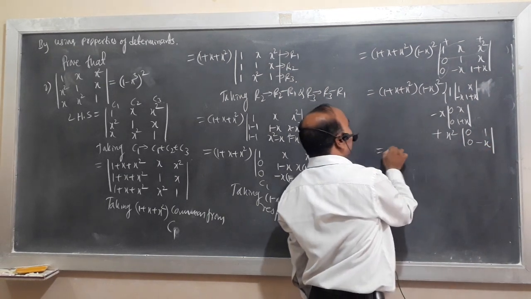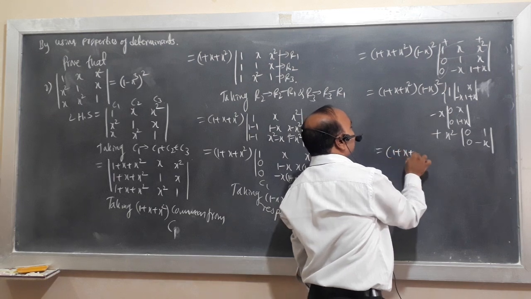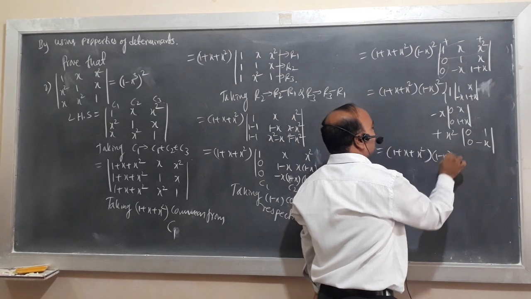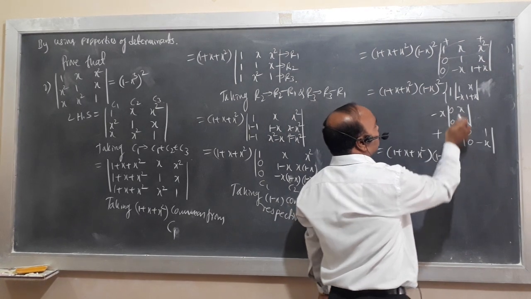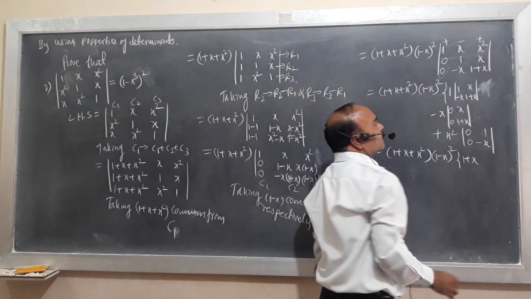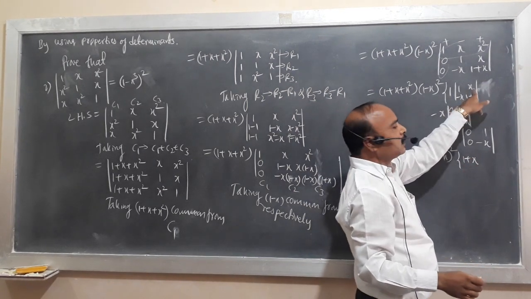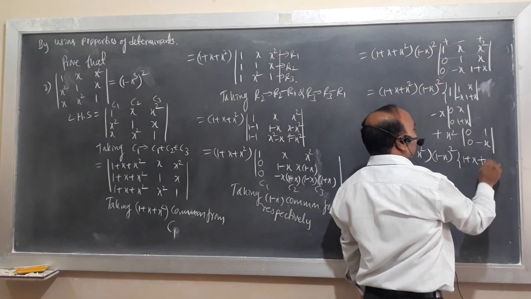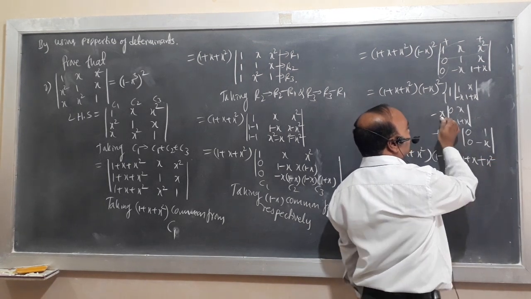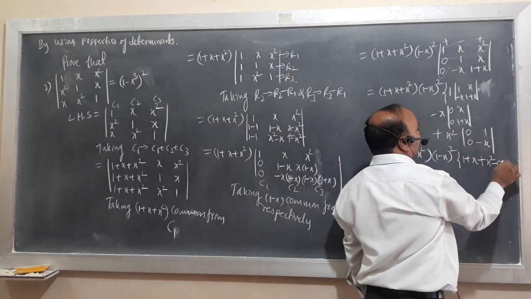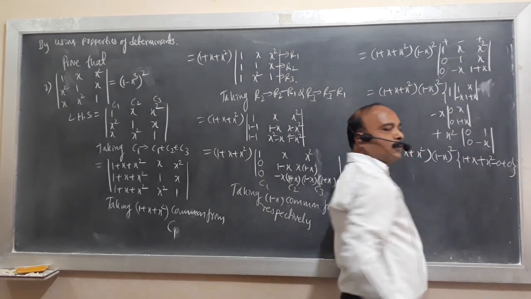Now it is equal to 1 plus x square as it is, 1 minus x whole square into, expand this determinant: it is 1 plus x, minus of this, that is minus of minus is plus x square. Remaining are 0 minus 0, also 0 minus 0, so we get minus 0 plus 0.